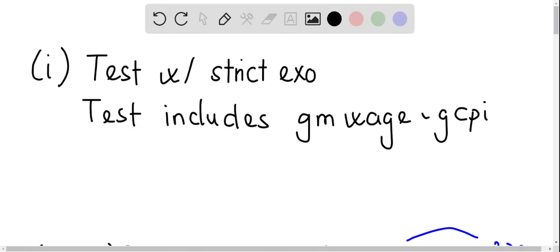Part 1. The test with strict exogeneity gives us rho hat equal to minus 0.097 and a t-value of minus 2.41.